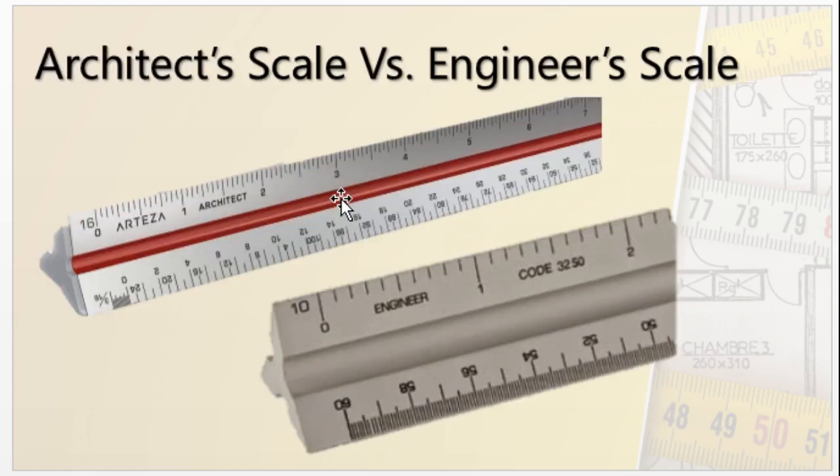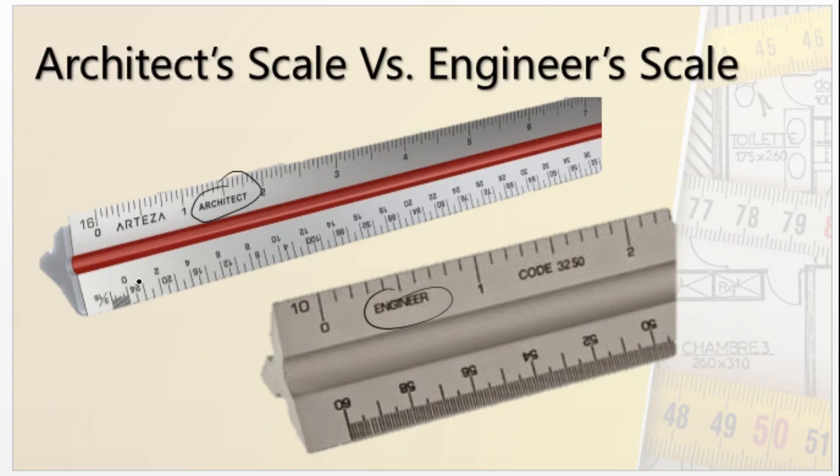However, what will be the differences between architect scale and engineer scale? As you can see, that is written over there, architect scale and engineer scale. From there you can identify there are some differences you should know.